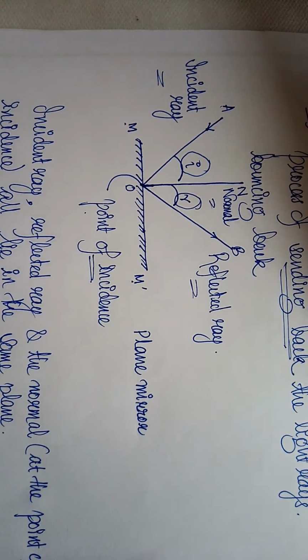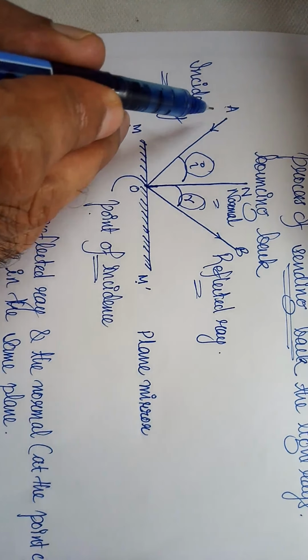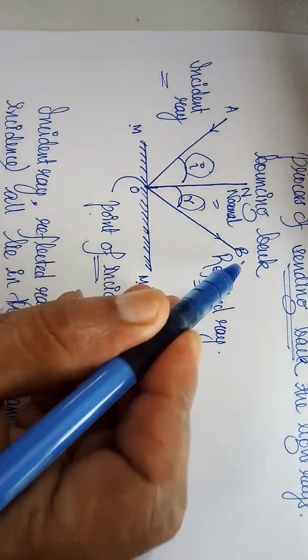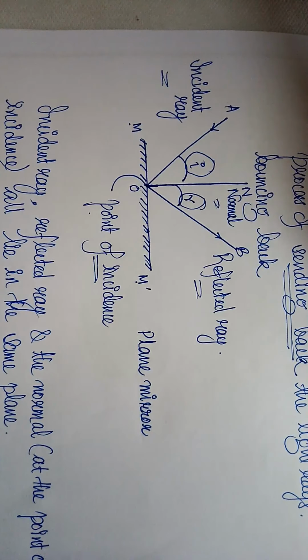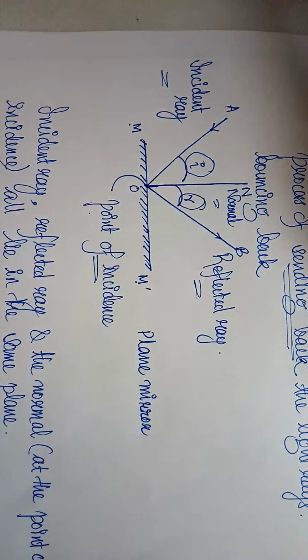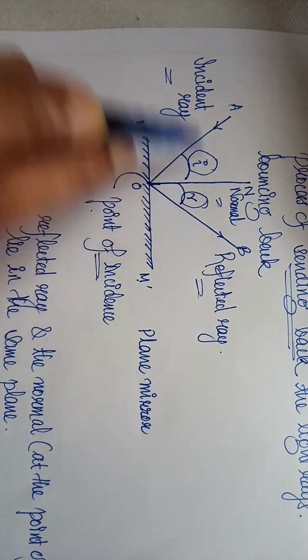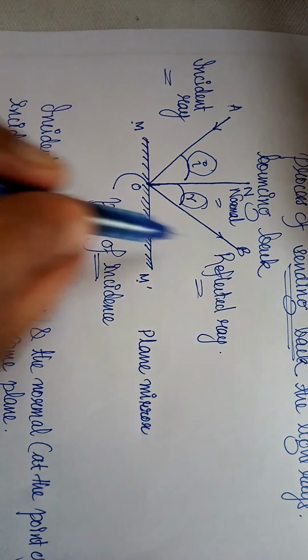Now we can say the incident ray, reflected ray and the normal at the point of incidence are lying in the same plane.